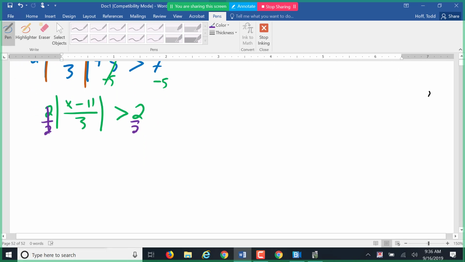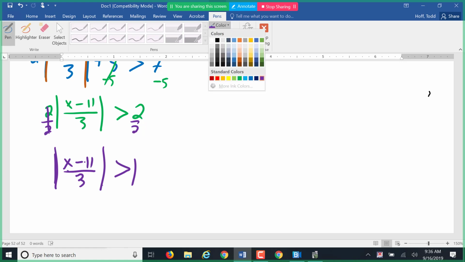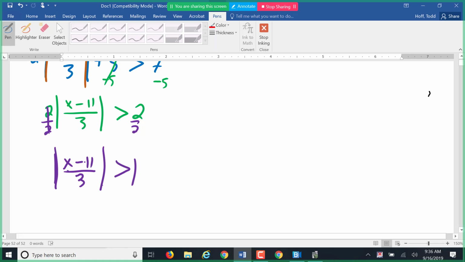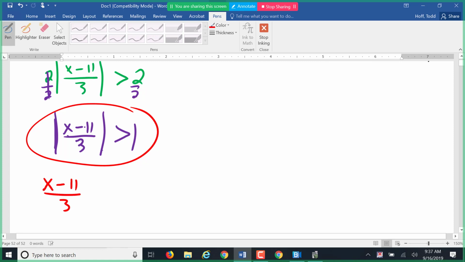We have the absolute value of x minus 11 over 3 is greater than 1. Once we've isolated that absolute value, we have to split this into two pieces. Remember, the first piece is just what we have here, dropping the absolute value. x minus 11 over 3 is greater than 1.